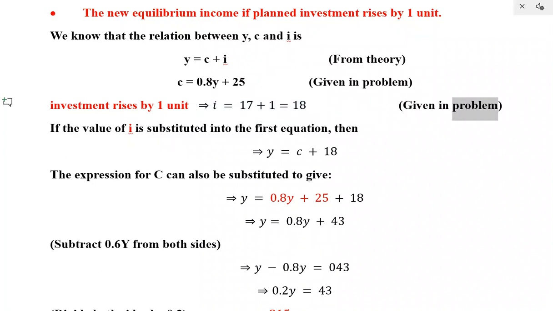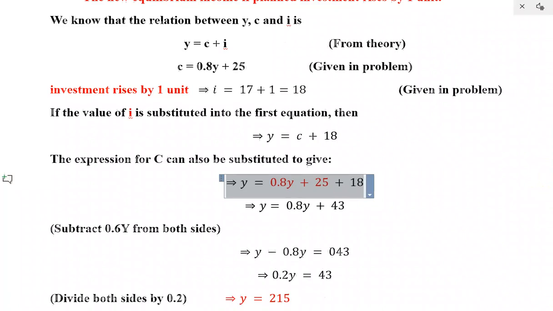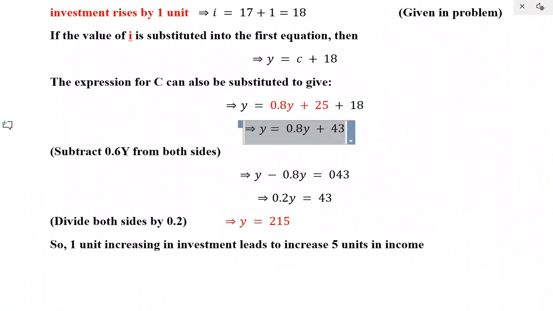If the value of I is substituted into the first equation, then Y equals C plus 18. The expression for C can also be substituted to give Y equals 0.8Y plus 25 plus 18.